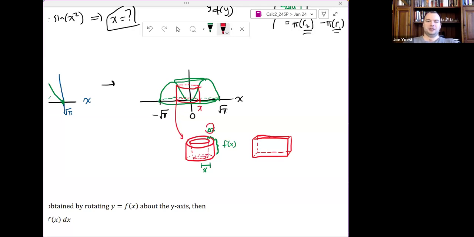So this is my box. Again, I'm thinking of slicing down one side of this, and then peeling it out and laying it flat. So this box will have front to back depth, delta x. It'll have height, f of x.